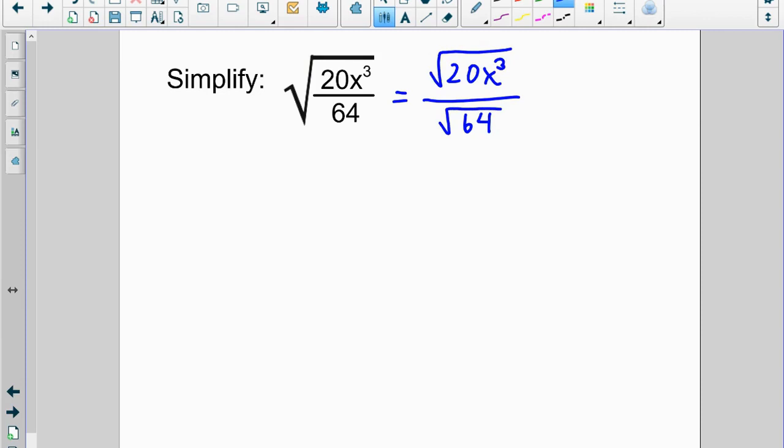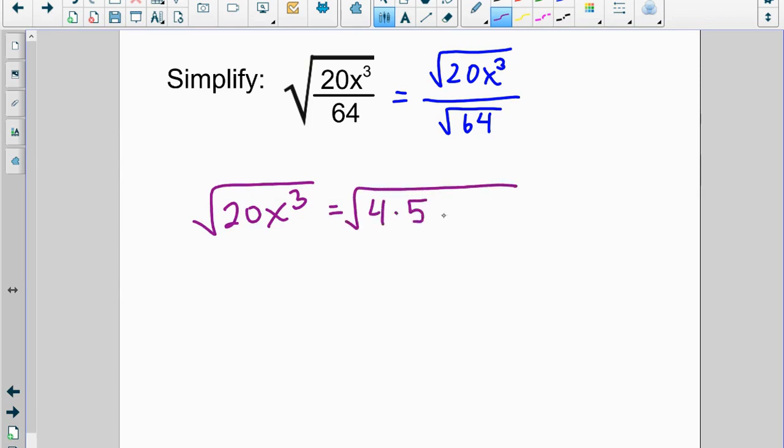Well, let's see, on the top part in the numerator, the square root of 20x cubed, that's not a perfect square, but I think we could actually simplify that. I'm going to do that down here, 20x cubed. 20 can be written as 4 times 5. And then we have x cubed, x times x times x.